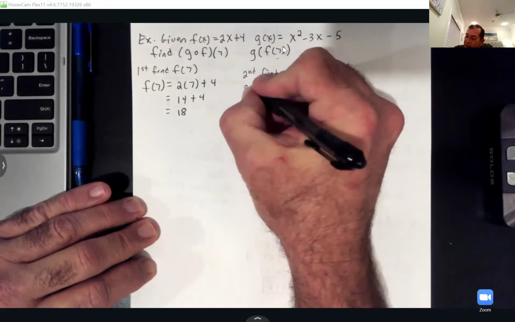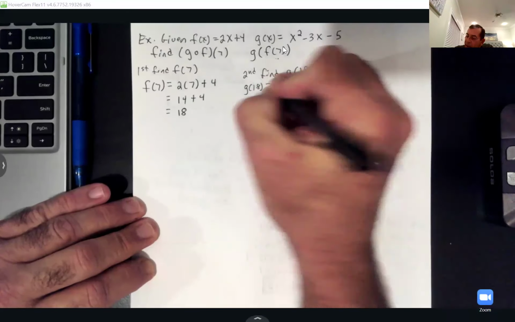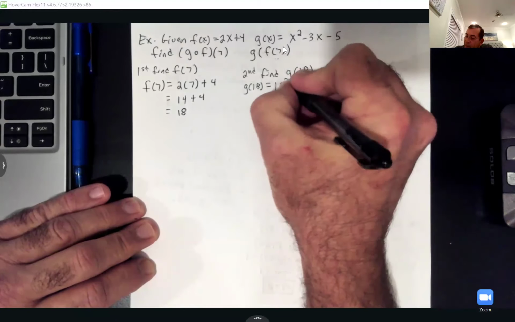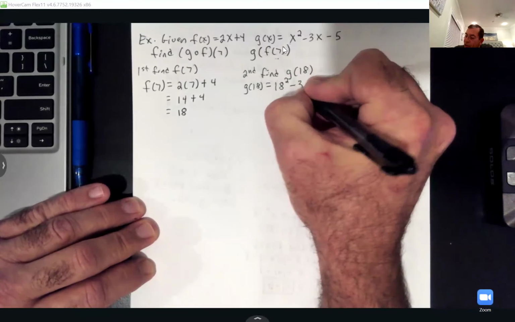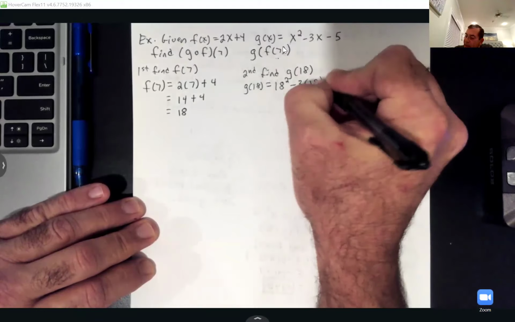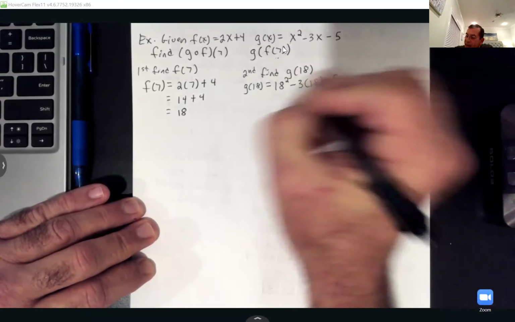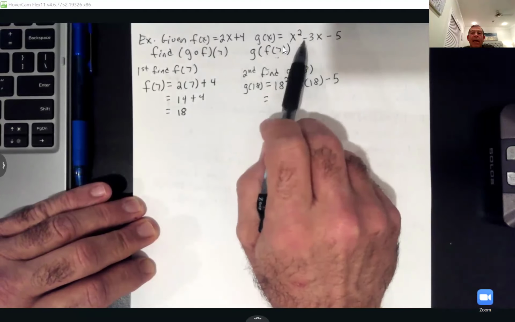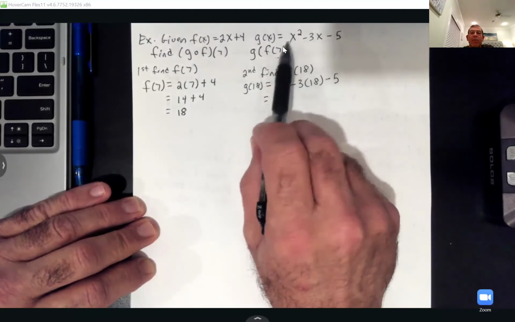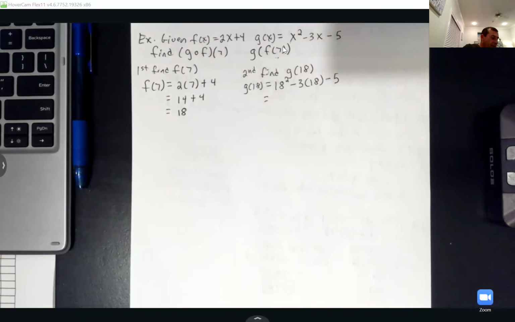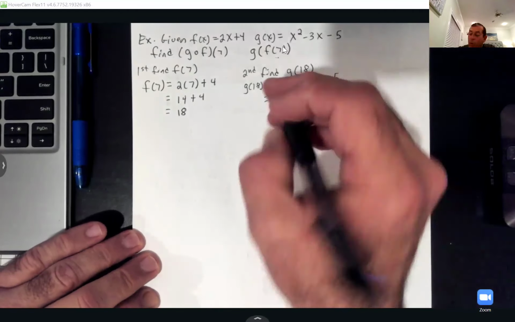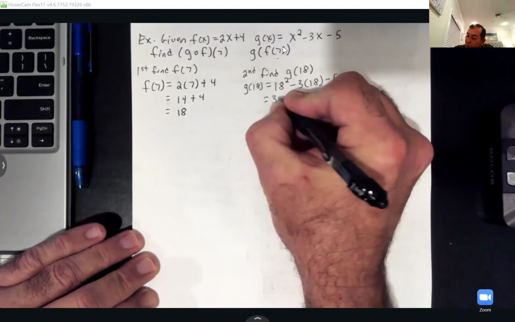So G of 18 is going to be 18 squared minus 3 times 18 minus 5. So y'all, G had 2 X's, so I had to put that 18 in for both X's. All right, so let's see, working the exponent first. 18 squared is 324.